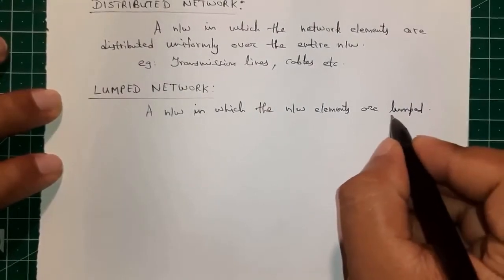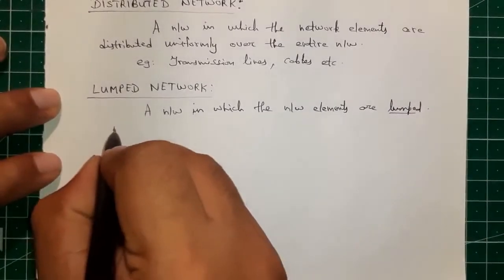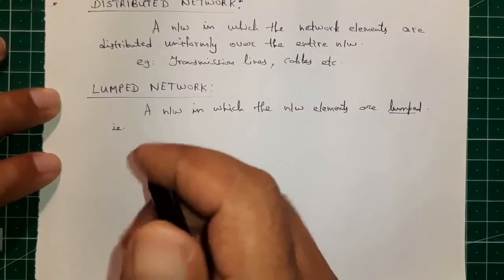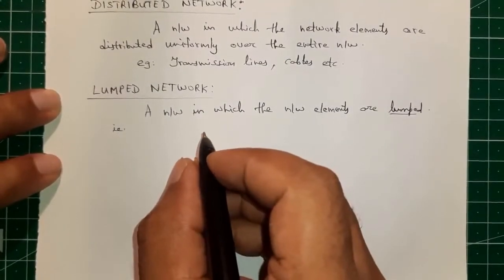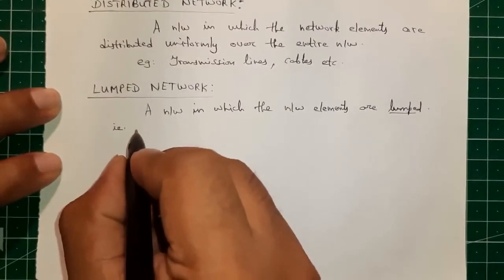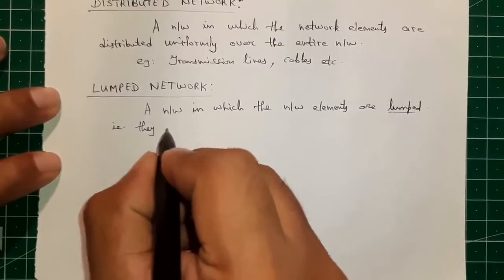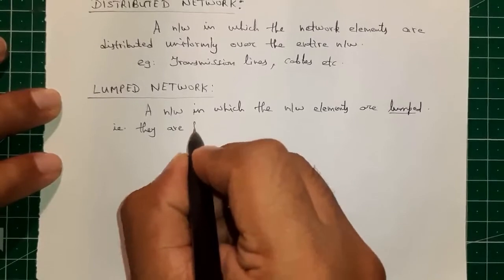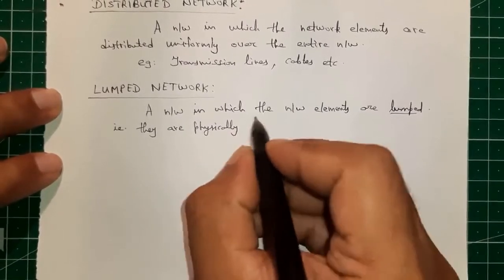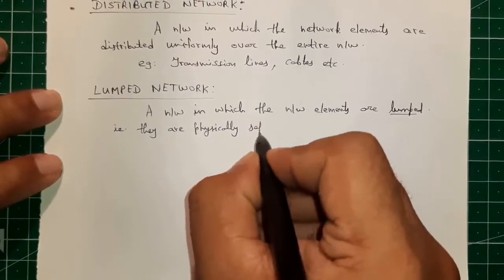So what is lumped? Lumped means they are together, clubbed together, so that we can physically separate them. That is, they are physically separable or separate.